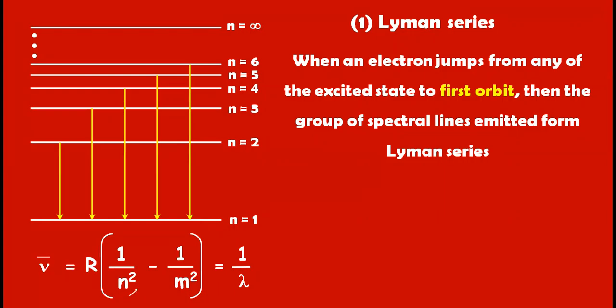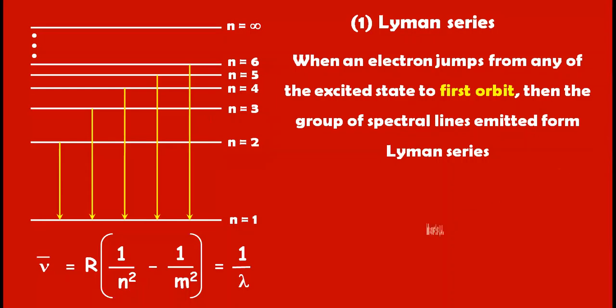And what are the principal quantum numbers of the excited states from where the electrons are jumping to the first orbit? The excited states are the second orbit, third orbit, fourth orbit, fifth orbit, sixth orbit, and so on. So the principal quantum numbers of all these excited states can be taken as m.